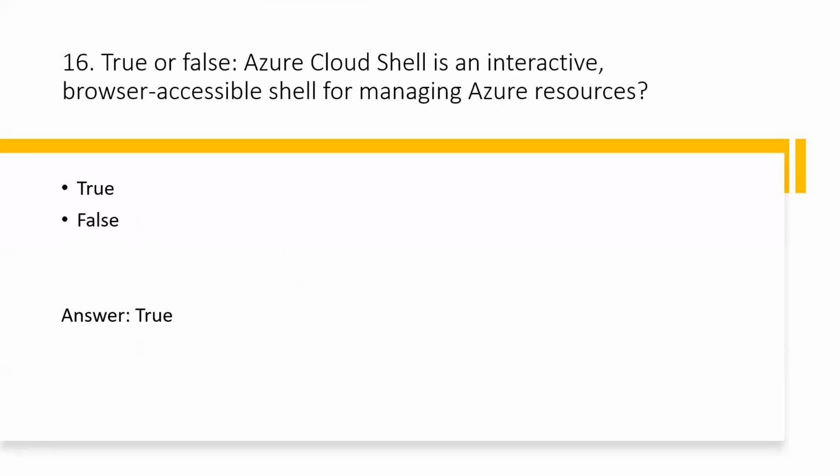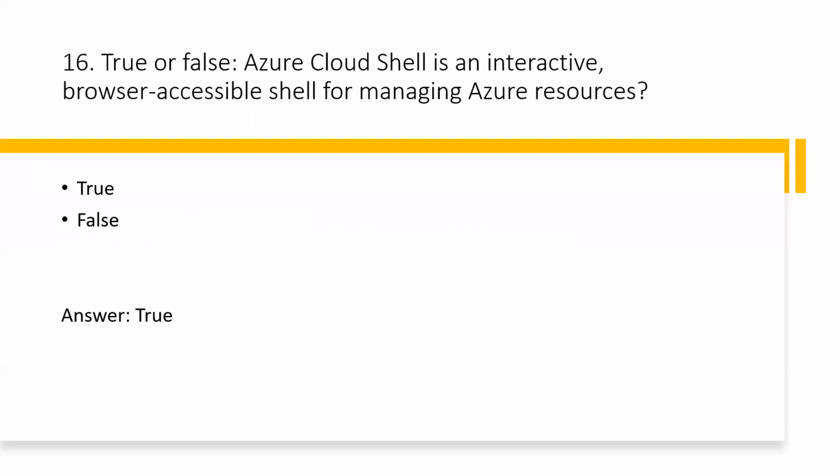Question 16, true or false? Azure Cloud Shell is an interactive browser accessible shell for managing Azure resources. True or false? When you log into the Azure portal, on the top right side of the page you can see multiple option buttons, where you can see an option Cloud Shell.